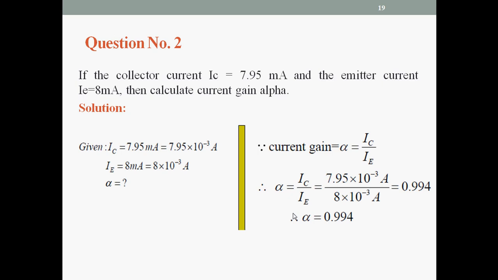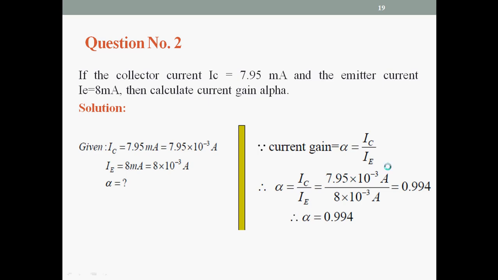Question number 2. If the collector current IC is equal to 7.95 milliampere and the emitter current IE is equal to 8 milliampere, then calculate current gain alpha. Whatever we have here is IC is equal to 7.95 milliampere and IE is equal to 8 milliampere.